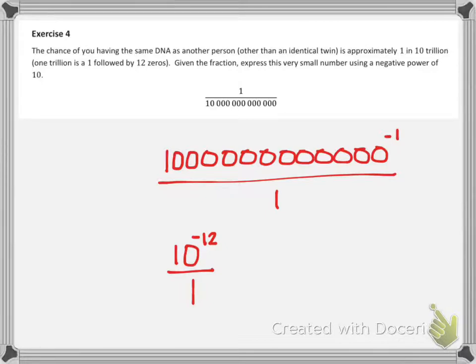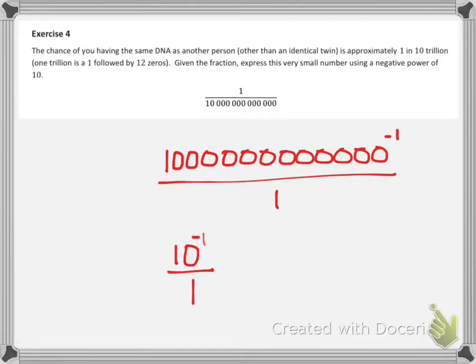All right, so in the first two examples, we had very large numbers, and now we're talking about extremely small numbers. Okay. And I just realized I made a mistake here.